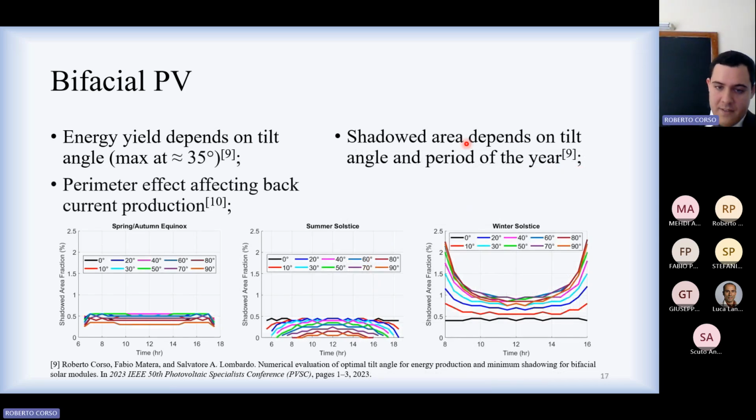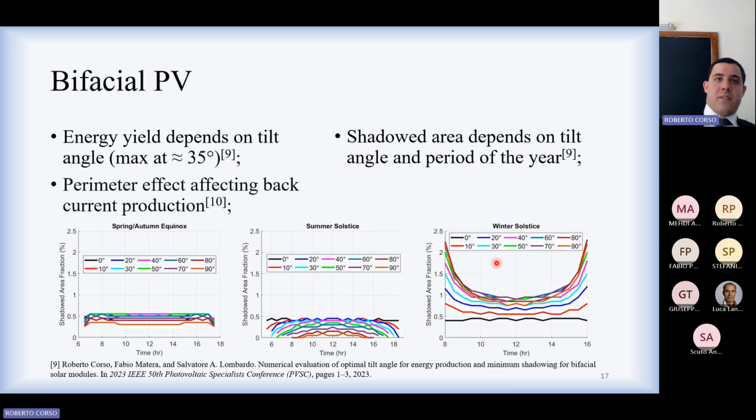Lastly, we have a study focused on the shadow that is cast by the module, and here we see some notable days of the year in spring and autumn, in summer and in winter. Here we have the fraction of shadowed area, and as we can see, we have low values in spring, in summer, but very high values in winter.